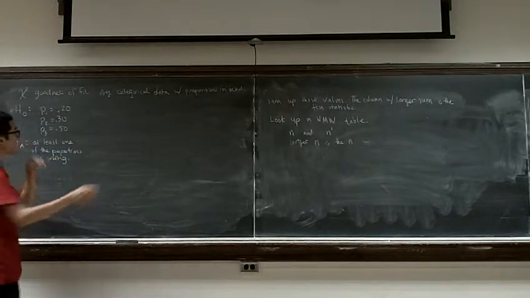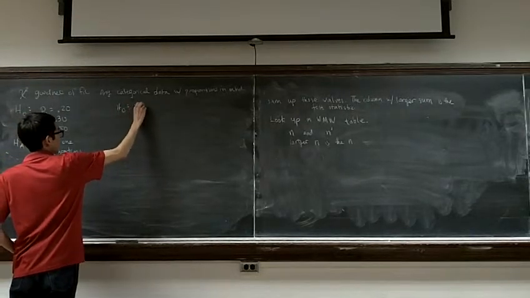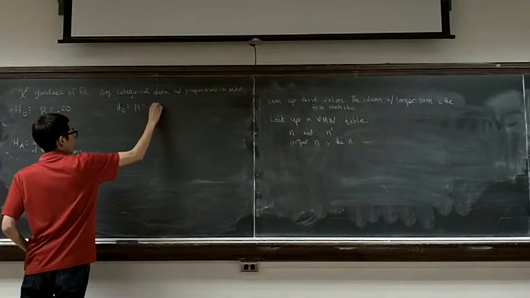Or if you only have two categories, you could write the null hypothesis as P1 equals 0.3.